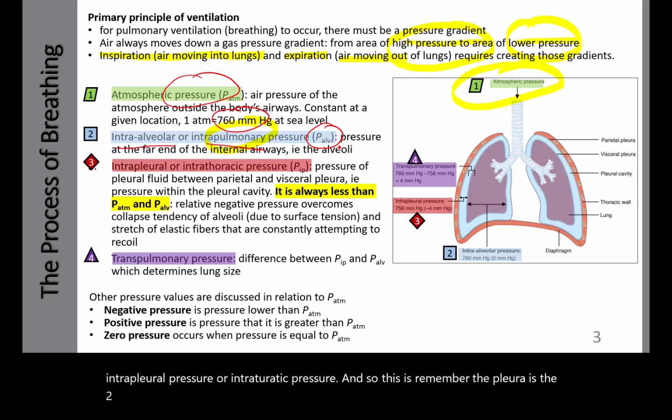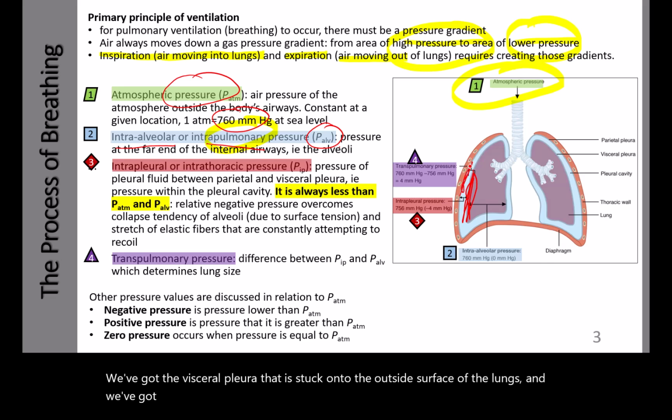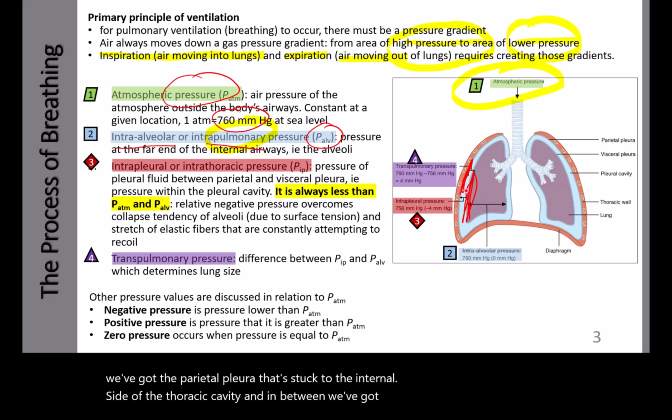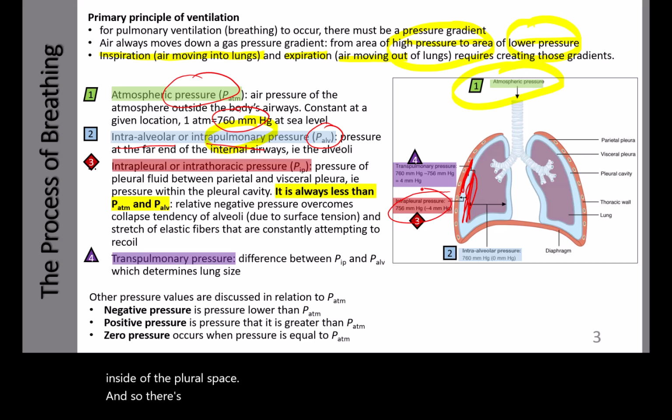We've got the visceral pleura that is stuck onto the outside surface of the lungs, and we've got the parietal pleura that's stuck to the internal side of the thoracic cavity. In between, we've got the pleural space. There's fluid inside of the pleural space, and so there's pressure in that pleural space, and that pressure is called intrapleural or intrathoracic pressure.